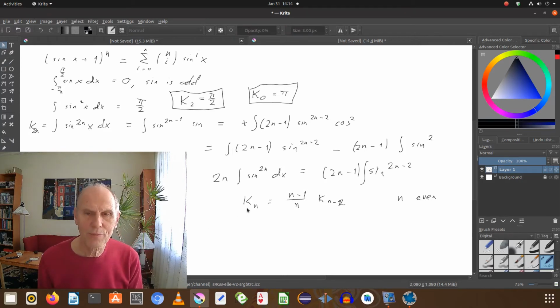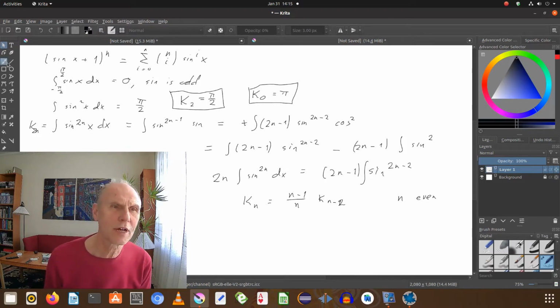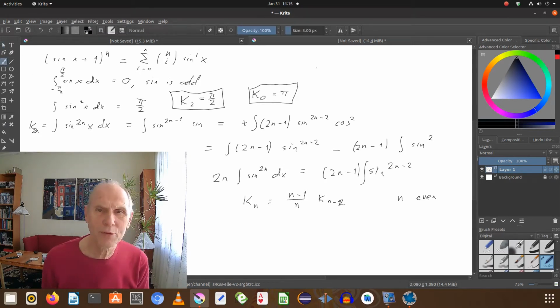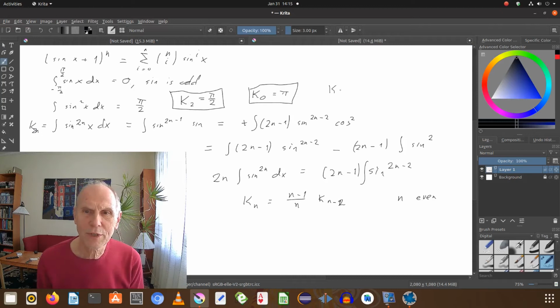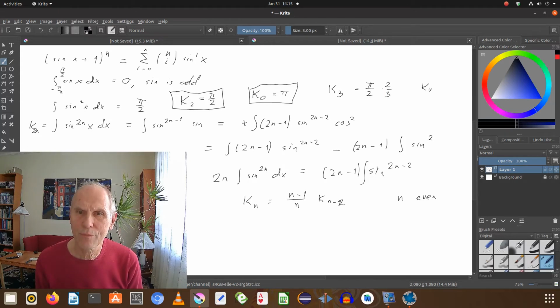So to find the general formula, we just do a few examples, and then we use induction. K3, that's 2/3 of pi half. And K4, that's pi third. We'll just write it here.